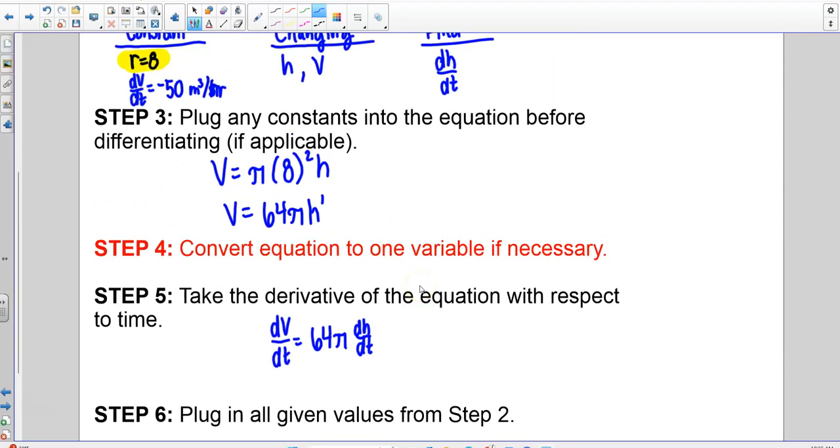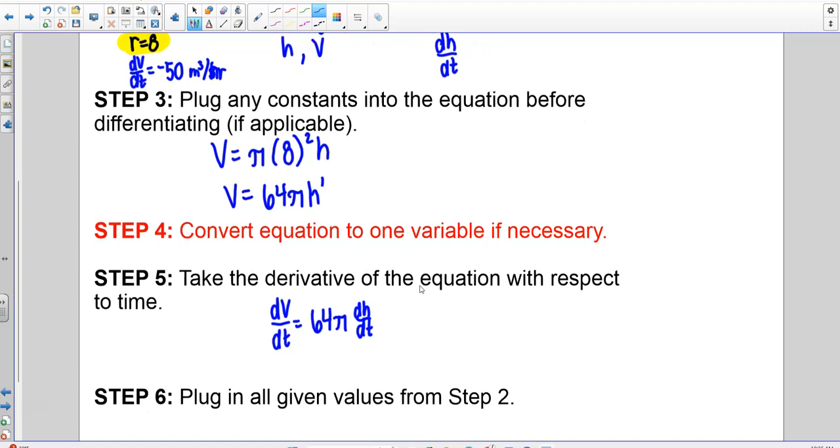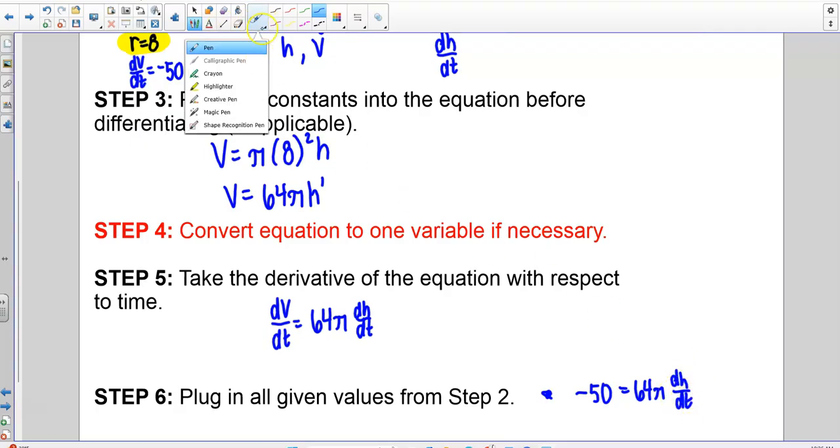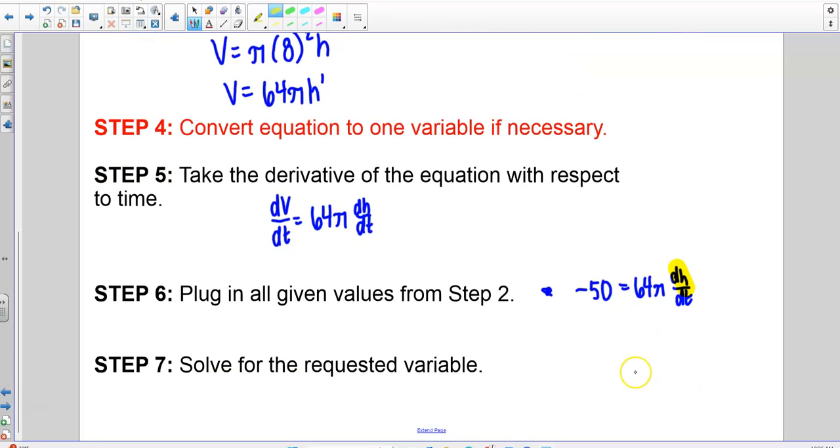We are going to plug in dV/dt, which is negative 50, and we got 64 pi. And then we don't have anything else to plug in, right? But that's okay because dh/dt is what we're looking for anyway. So we just have to solve.